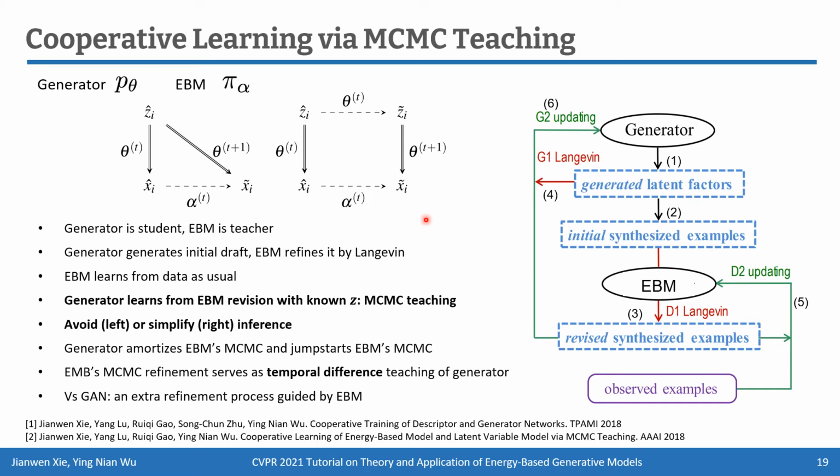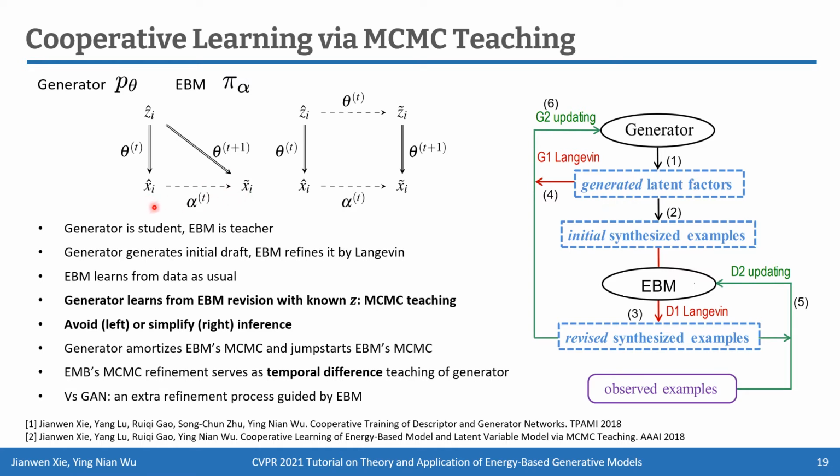What we call MCMC teaching is that we use this short-run MCMC for refinement to teach the generator network. The EBM as a teacher refines the initial draft of the generator, and then the generator learns from the refinement by updating its parameter to absorb the refinement.